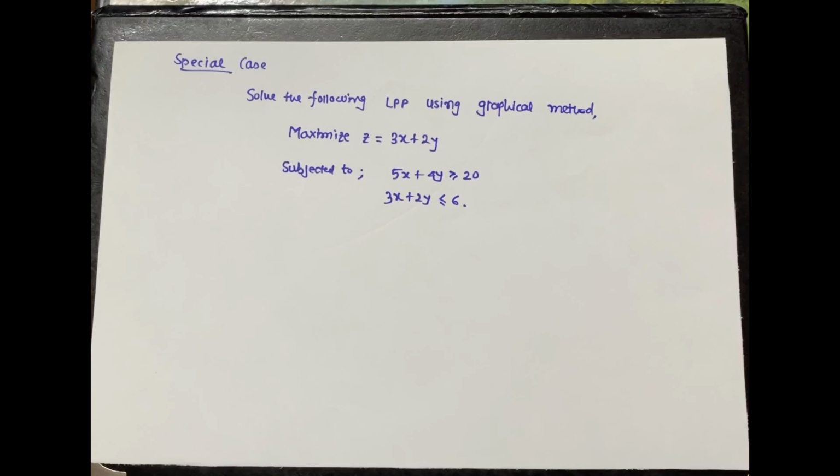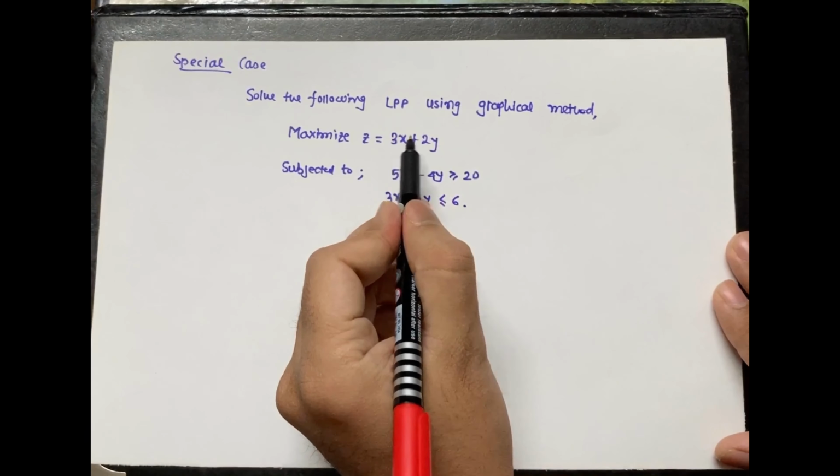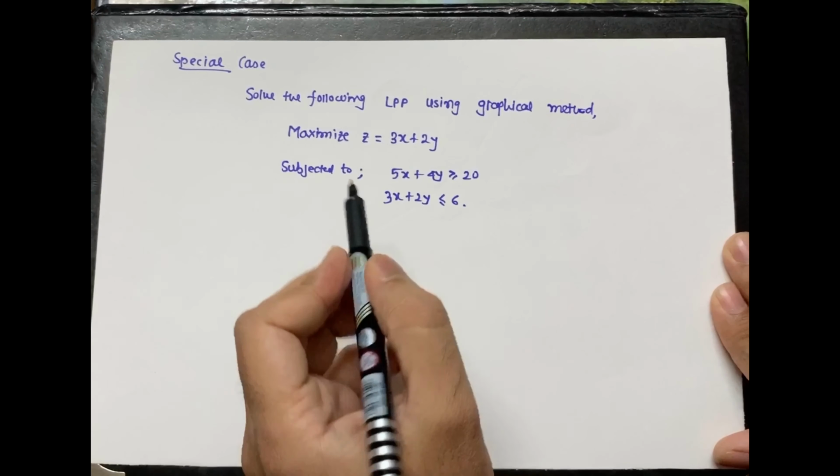Moving forward with another special case, solve the following linear programming problem using the graphical method. The objective function here is of maximization type, max z equals 3x plus 2y.